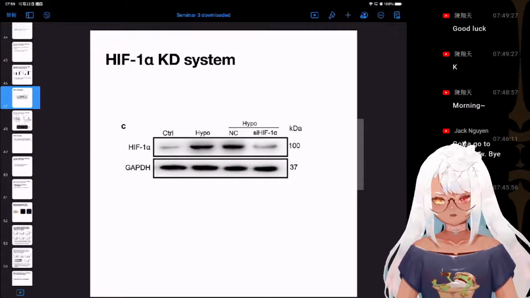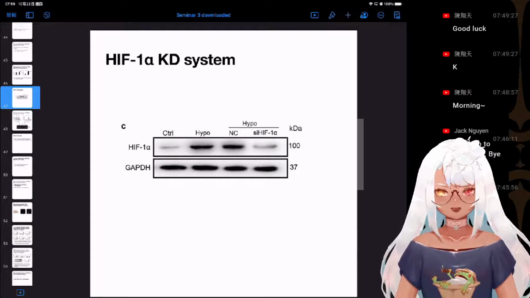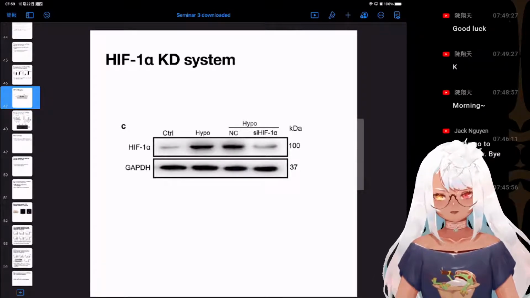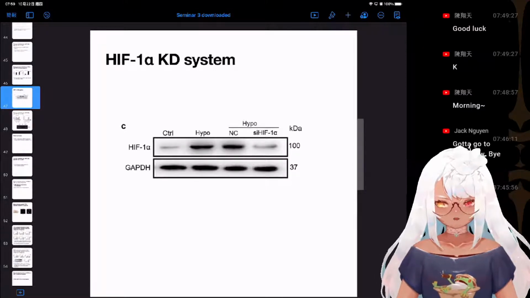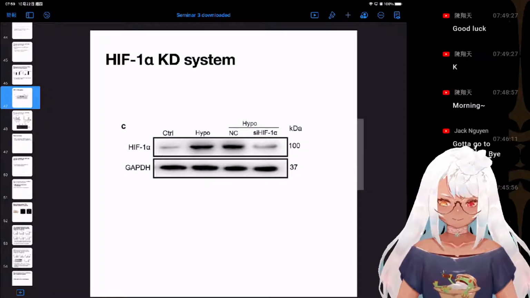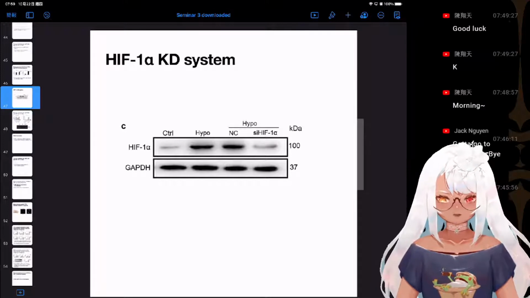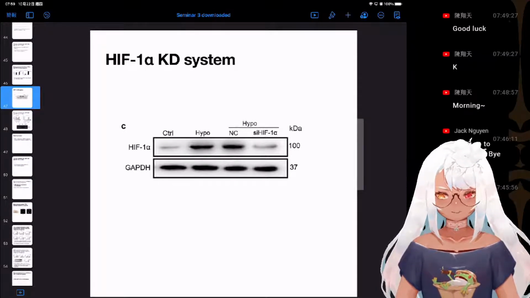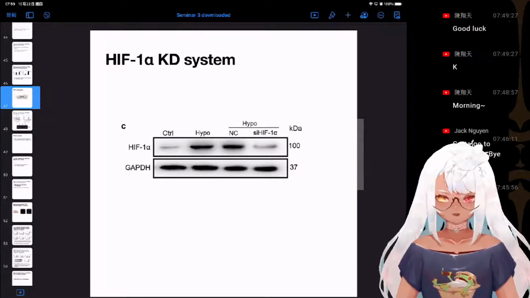So they use siRNA as a knockdown method. Figure C is just that using Western blot, they confirm that the siHIF1A actually works. The treatment of this siRNA will decrease the expression of HIF1 alpha.